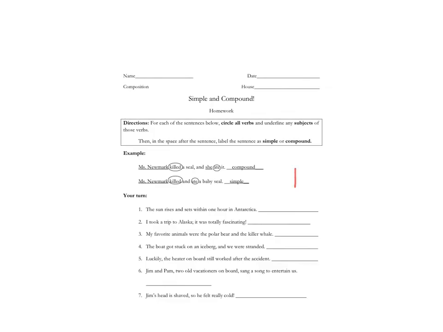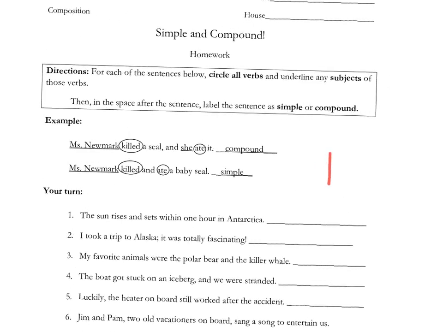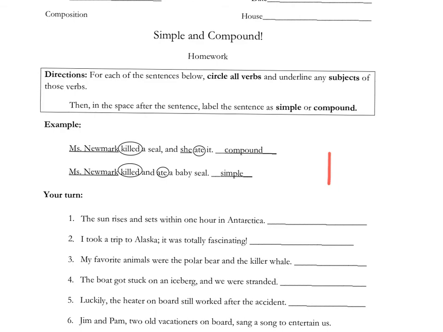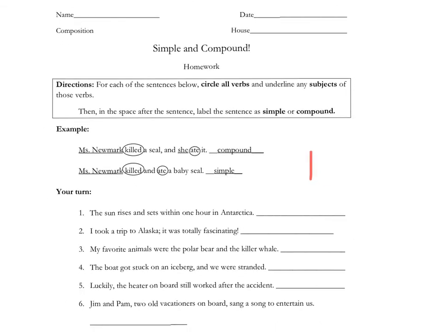This next part asks you to take your skills to the next level. It's not homework, but you are more than welcome to finish it at home in order to meet the deadline. It's asking you to circle all the verbs and underline the subjects. Then you have to identify whether it is simple or compound. Remember your hint on how to tell simple from compound.